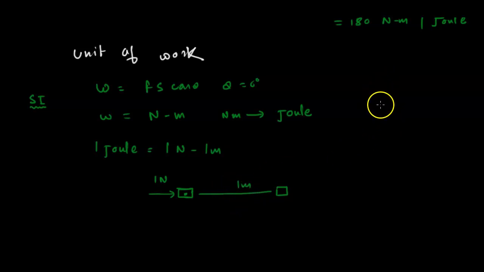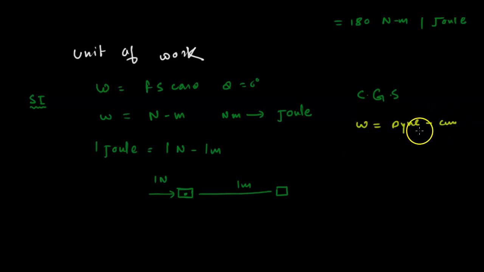Okay. Now, what is the other unit, in the CGS system? Instead of writing the force unit Newton, in the CGS system the unit of force is dyne, and the unit of displacement is centimeter.